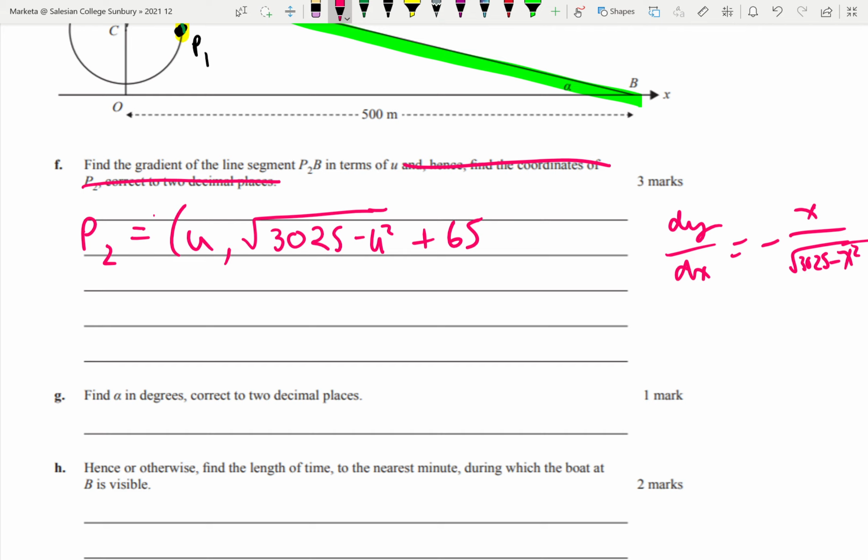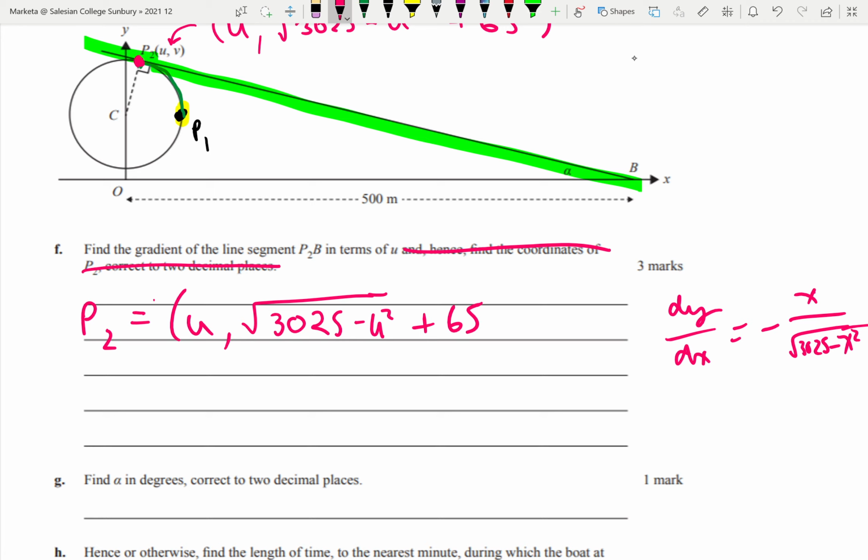What else do we know? Well, we know the point B. We can deduce the point B. Look at that, we start at 0. This is 500, and then it's on the axis, so it must be that the y value is 0. So the point B is 500, 0.